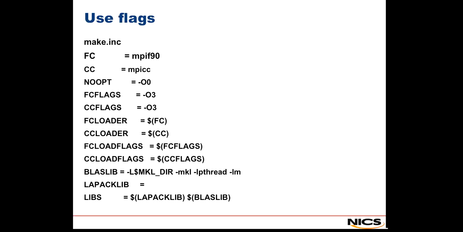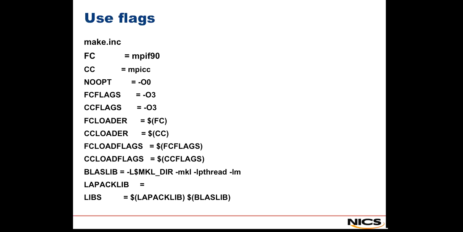Later you can see that the other flags may also be defined by the flags you defined previously, such as you can define your FC loader flags as the same as the FC flags. And then later, for example, you can see there's a flag I call BLAS lib. BLAS is a very commonly used numerical library.